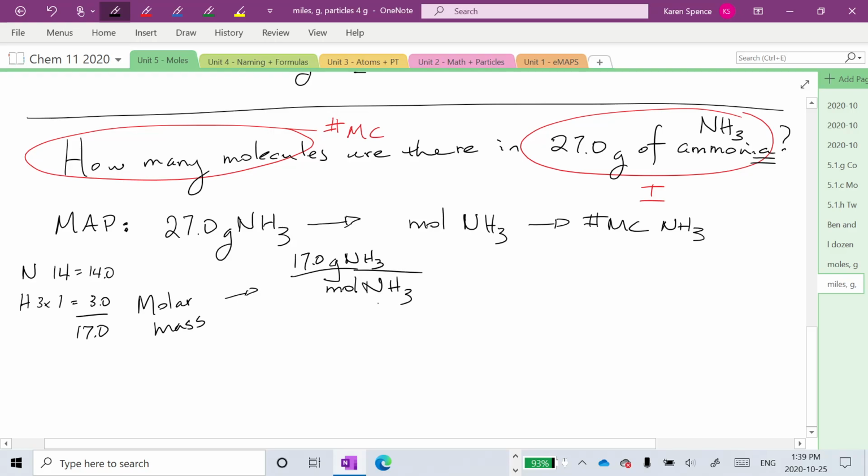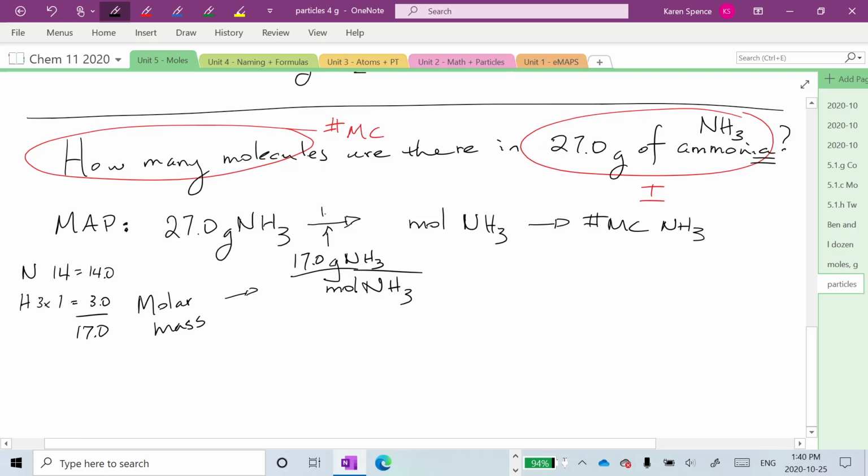So that's the conversion factor I'm going to use to convert between grams and moles, is the molar mass. Imagine that. Molar mass converts between moles and mass. How do you convert between moles and mass? You use molar mass. Oh my gosh, it's almost like it makes sense or something.